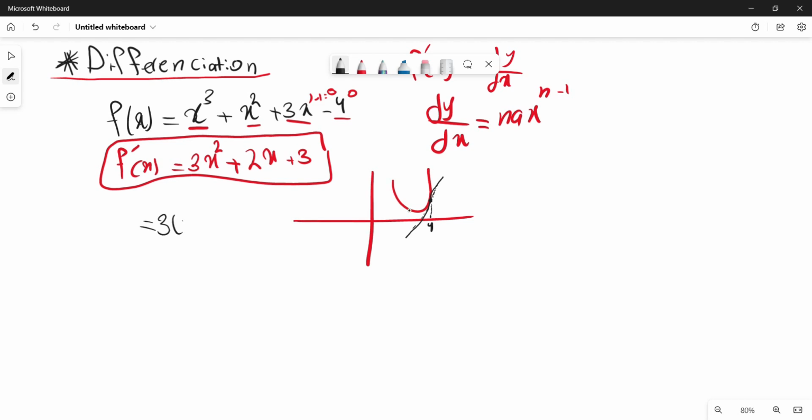So 3 times 4 squared, 2 times 4, plus 3, where basically we will have 4 times 4, 16, 16 plus 8 is 24, plus 3 is going to be 27. So the gradient of this example, basically this is not a real answer, it's just an example. I hope you guys understand.